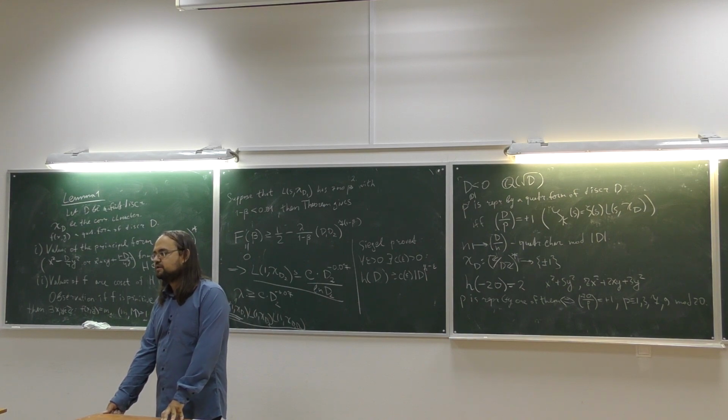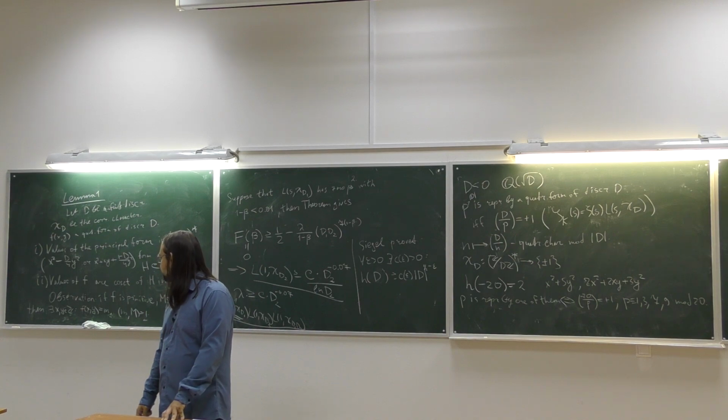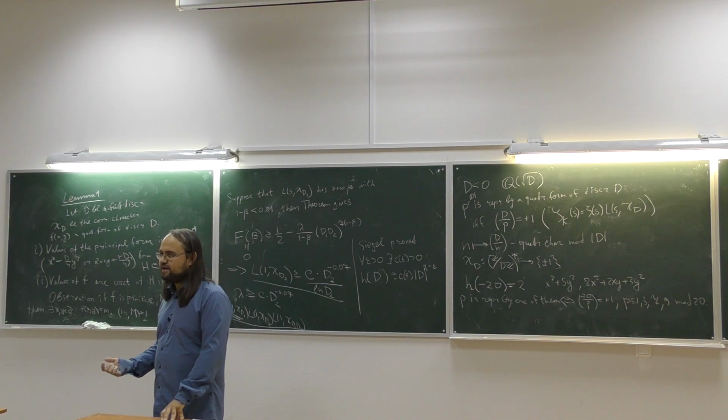The claim is that such a small m exists. There is a small m that is represented by f and also coprime to capital M. How to prove such a result? What? f has infinitely many values. So what?